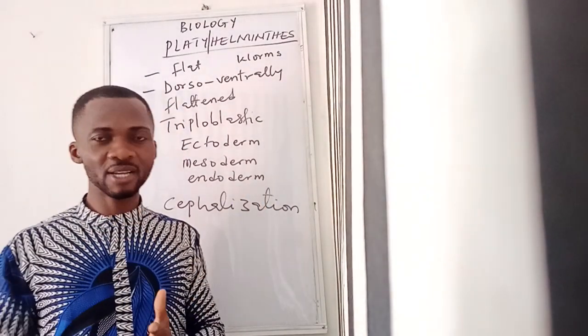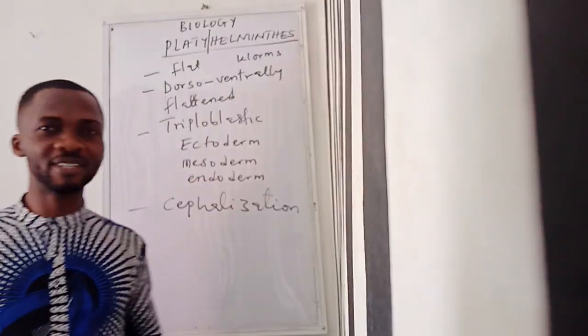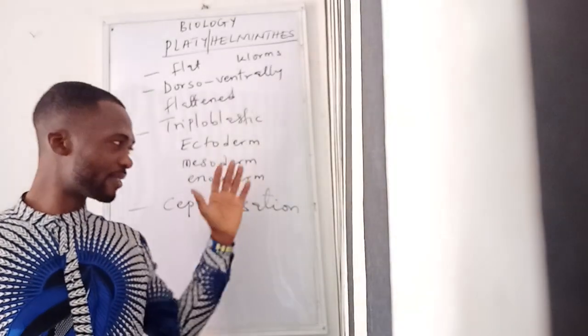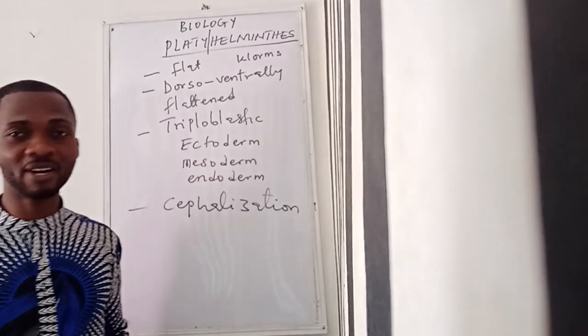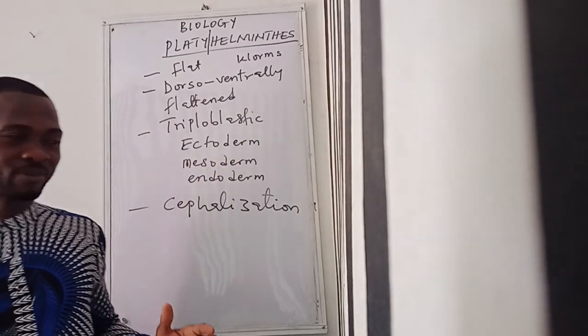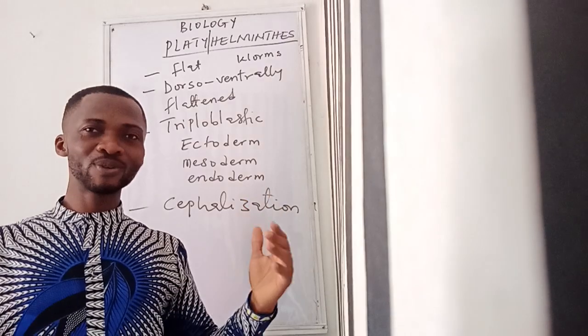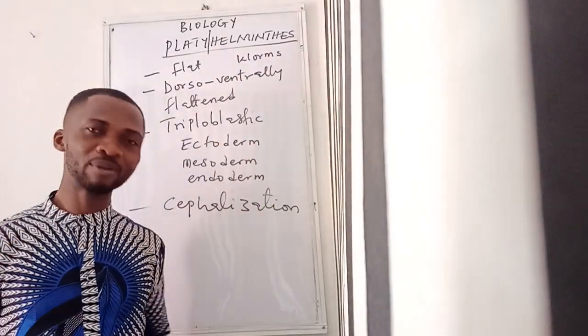If you look at protozoa, porifera and cnidaria, there is no part of these organisms that you can call the head. That means that there is no concentration of sense organs in a definite part of the body that can be called the head.